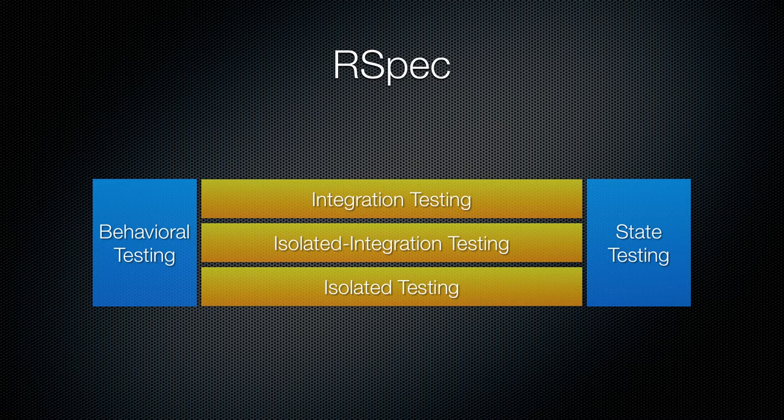But there are still a few cases every once in a blue moon where it does make more sense to do state-based testing, in my mind. And RSpec very well allows you to do those as well. It does not hinder that in any way, shape, or form, but it definitely provides the capabilities to let you do behavioral testing, which most frameworks do not.